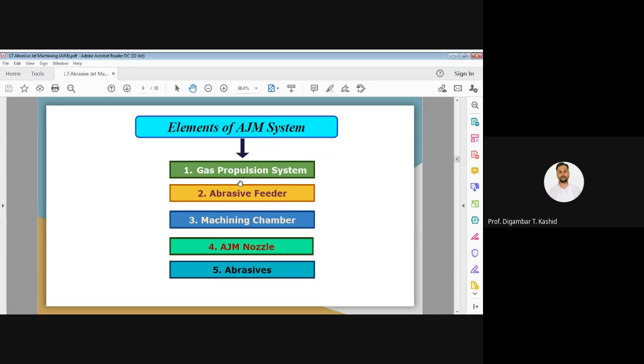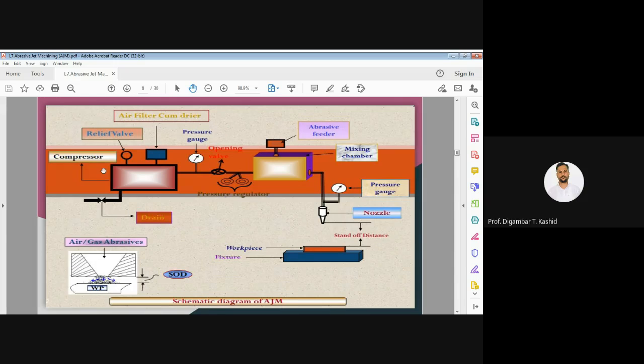This gas may be, as I have just mentioned, air or some other inert gas. In the gas propulsion system we have this compressor also, or a cylinder filled with the gas, because compressed air has to be stored somewhere in a reservoir, and for that purpose you can use the cylinder.